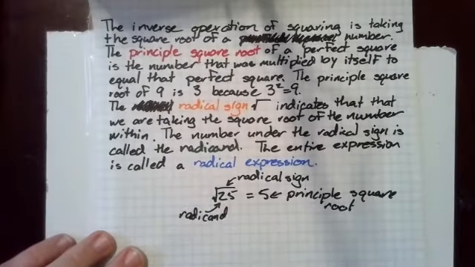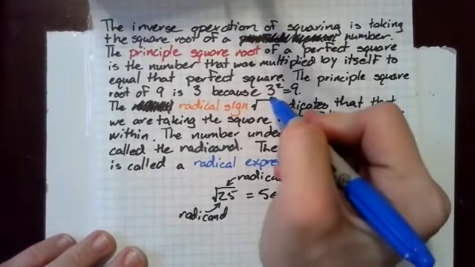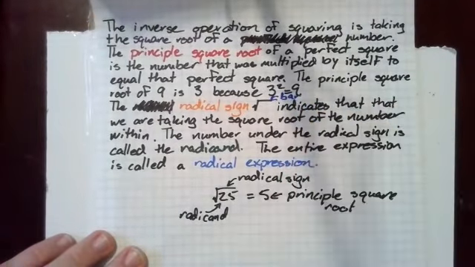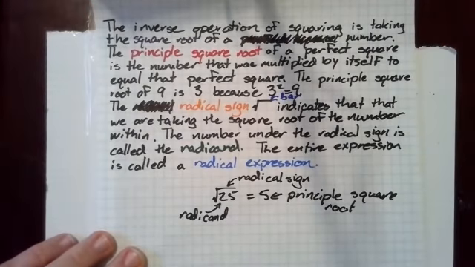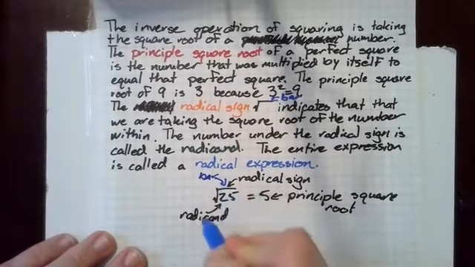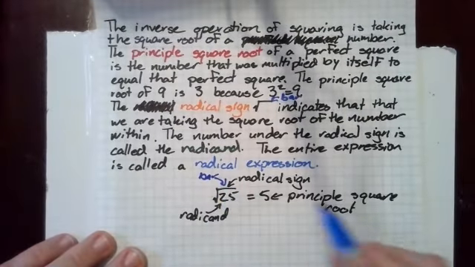The number under the radical sign, or under the bar, is called the radicand. The entire expression is called a radical expression. So if we have the square root of 25 equals 5, we have the radical sign, the bar, the radicand is 25, and 5 is the principal square root.